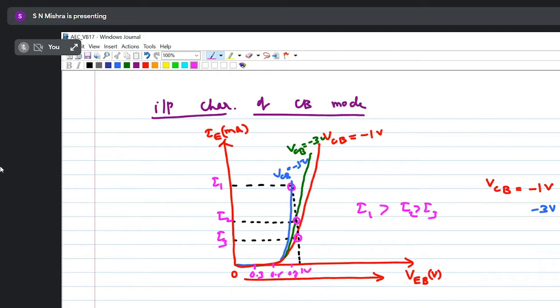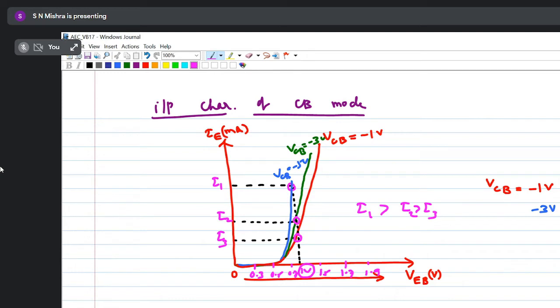This is 1 volt, 1.5 volt, 1.7 volt, 1.9 volt, like that you can increase. So at 1 volt, if I observe VEB at 1 volt, then I am getting VCB -5 volt giving more current compared to VCB -3, compared to VCB -1. Is it clear for all?